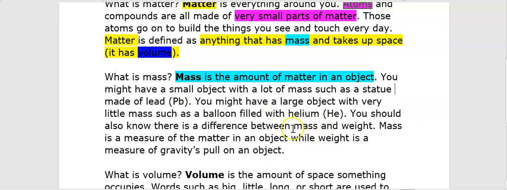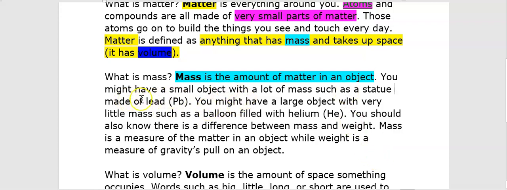There's more of the molecules of gold in that gold feather than there are molecules in the feather that comes off of the bird. So mass is different from what would show up on a scale when you picked it up. Mass is how tightly it is packed together, how much matter was put in that object.